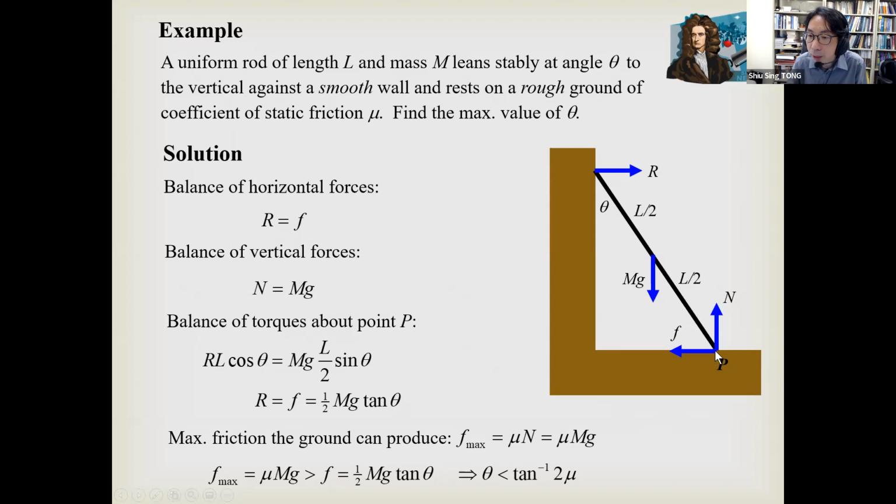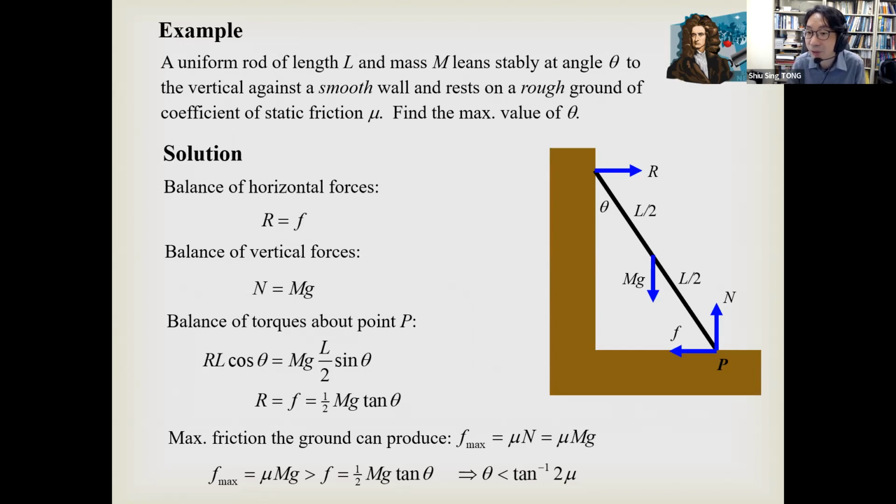Because the point P has two unknown forces, N and F. If I take moment about this point, I can eliminate them in the equation, because the two forces N and F act exactly at this point, and that means the moment, or the torque, about this point is zero.